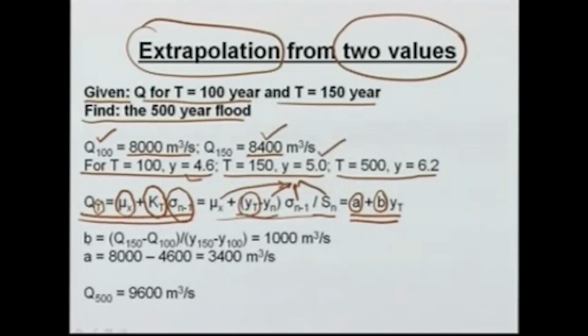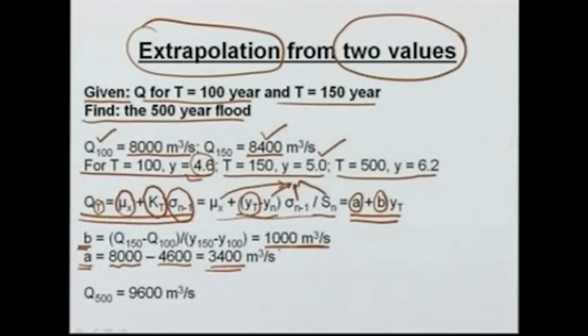So, using these two, we can obtain b as delta Q divided by delta y, which comes out to be 1000 meter cube per second. So, 8400 minus 8000 divided by 5 minus 4.6 will come out to be 1000 meter cube per second, and similarly a can be obtained from any of these equations as 8000 minus 4.6 into 1000, and it turns out to be 3400 meter cube per second.